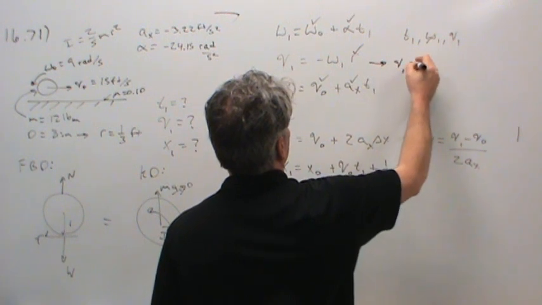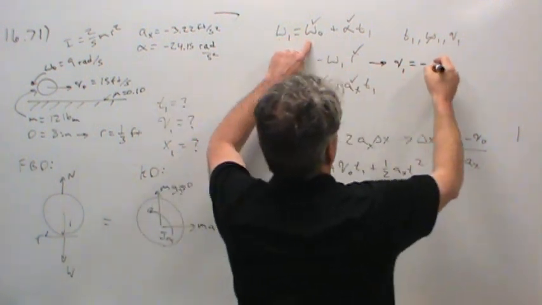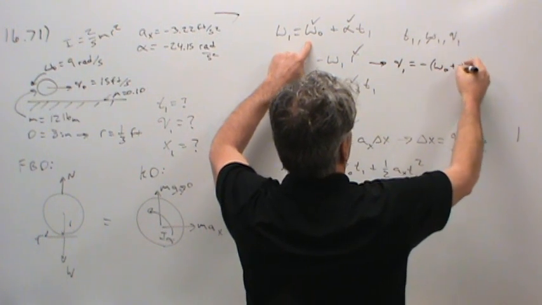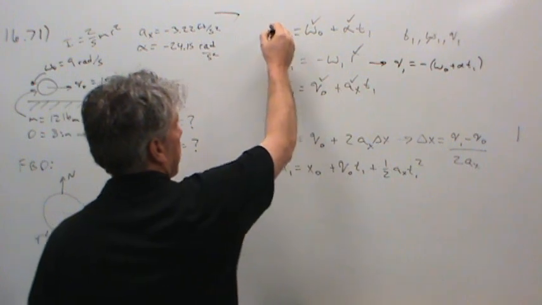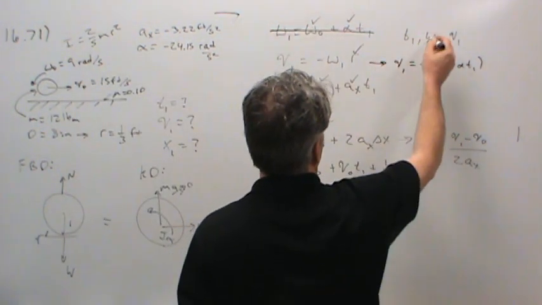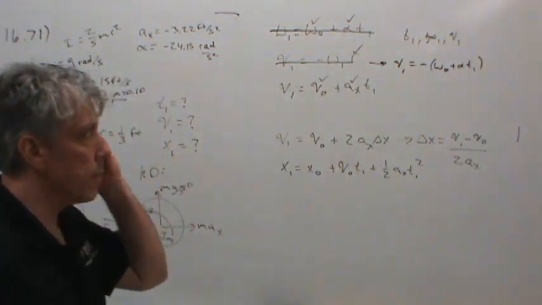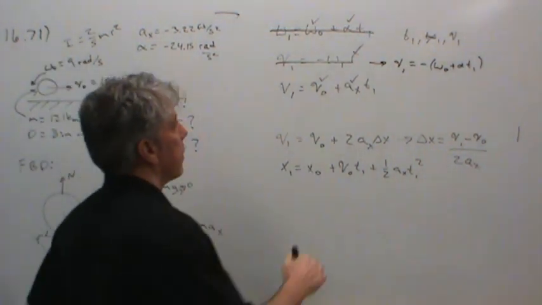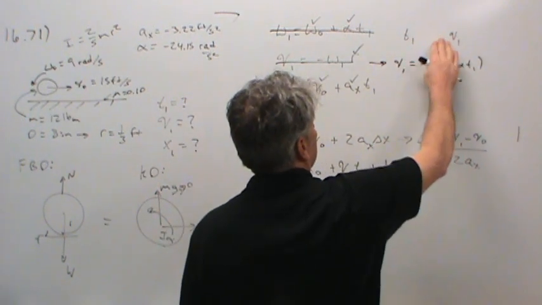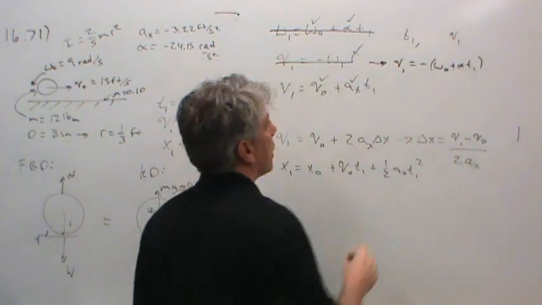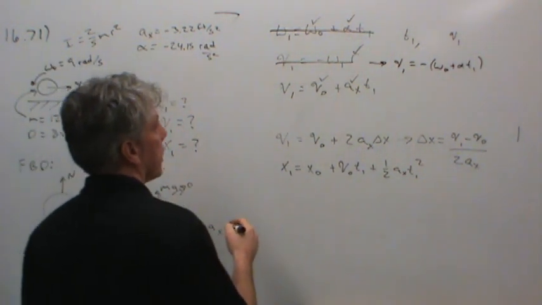So V1 equals, let's see, negative omega 1 R, but omega 1 is omega naught plus alpha T1. Okay, so now, basically that gets rid of this equation, and really this one, because I've put the two together, you see. So now I've got two equations and two unknowns, because I've only got V1 and T1 with which to contend. I need both of those, so I'll need to solve both of these.